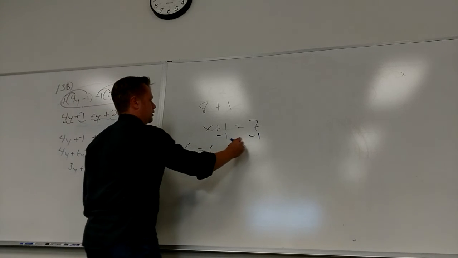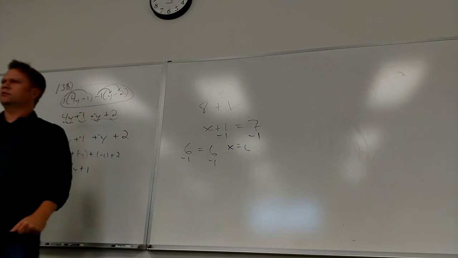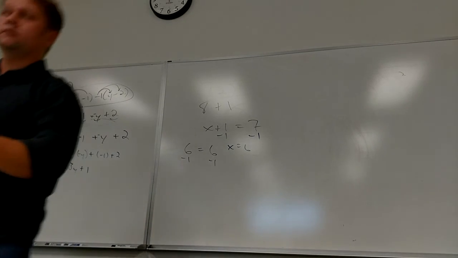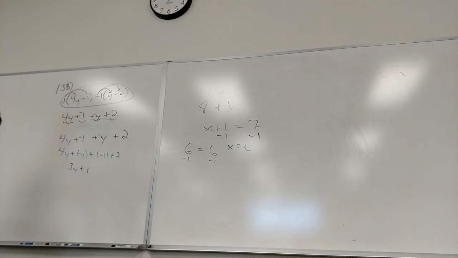So then you get x equals 6. So if there's no equal sign, if you only want to boil that down, when do I do this, when do I not do this? If there's no equal sign, you're never going to do minus, ever. There's no two sides. Doesn't work.